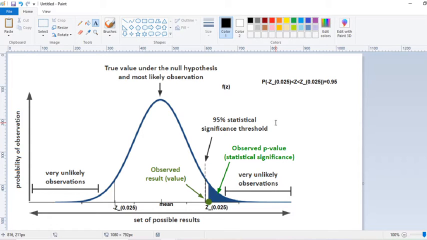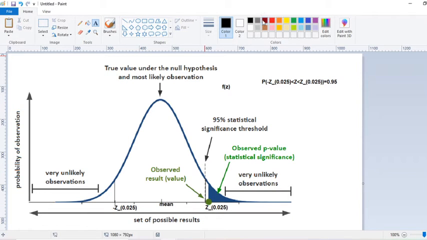A 95% confidence interval for the Z value. The probability that Z lies between minus z alpha by 2 and z alpha by 2 is equal to 0.95.